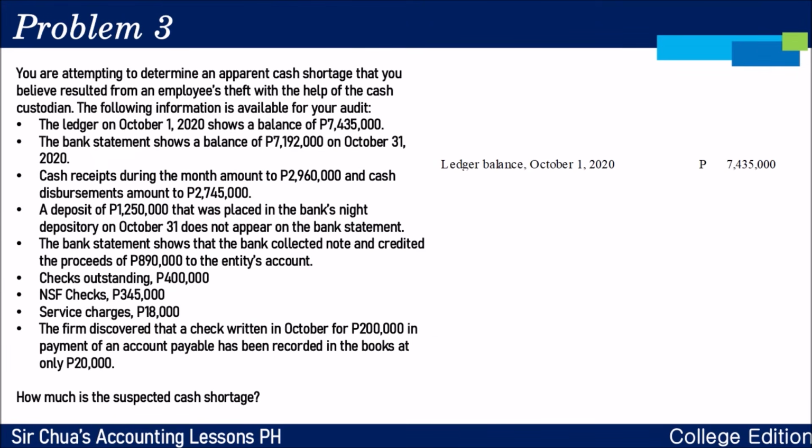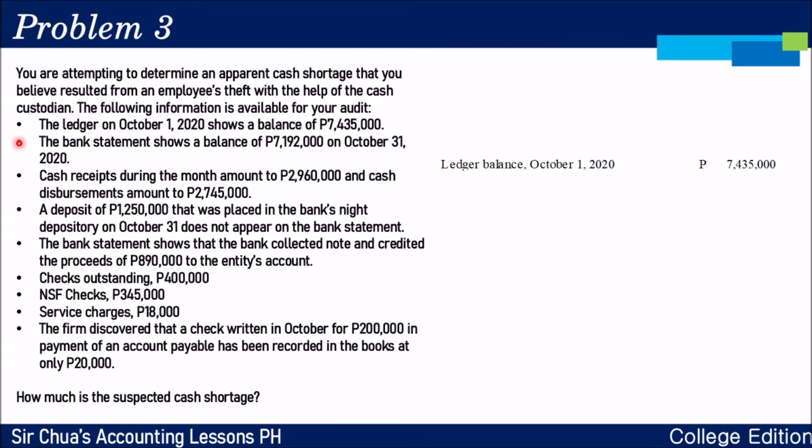Now, sabi po kasi dito sa problem, first bullet is the ledger on October 1 shows a balance of 7,435,000. So lista po natin, ang ledger balance ng October 1 ay 7,435,000. Next bullet, the bank statement shows a balance of 7,192,000 on October 31, 2020.